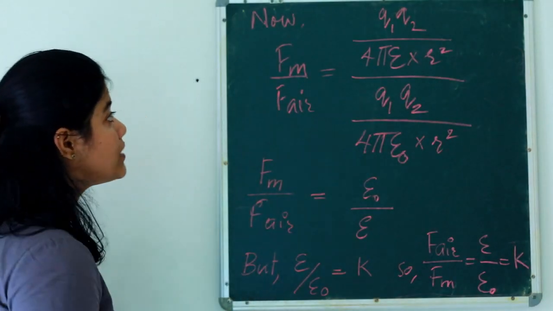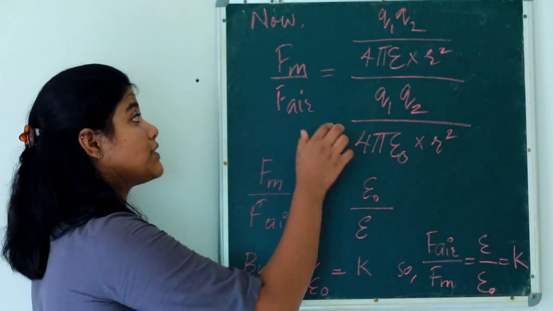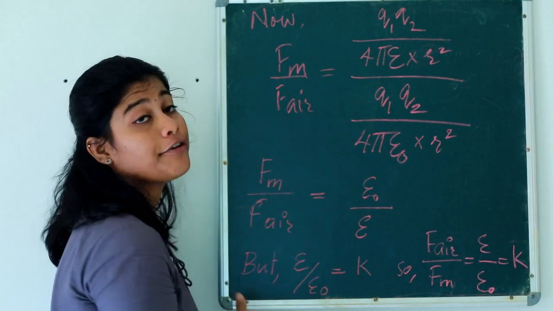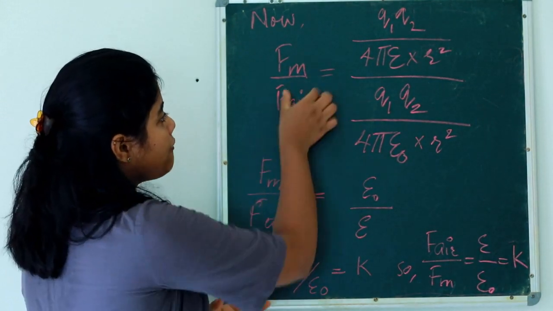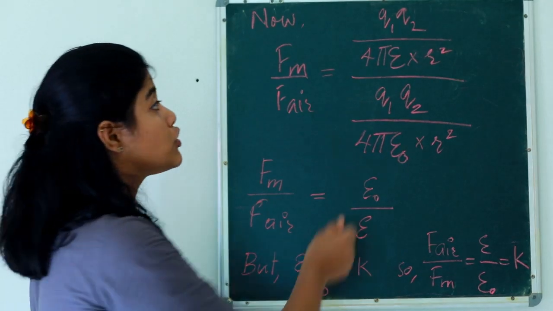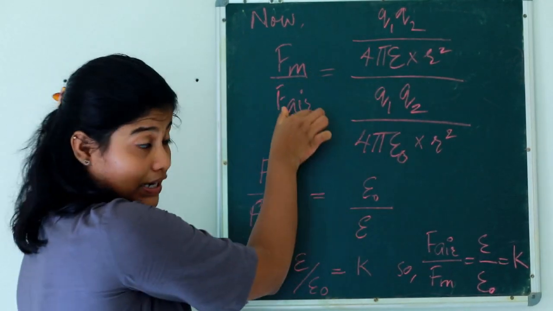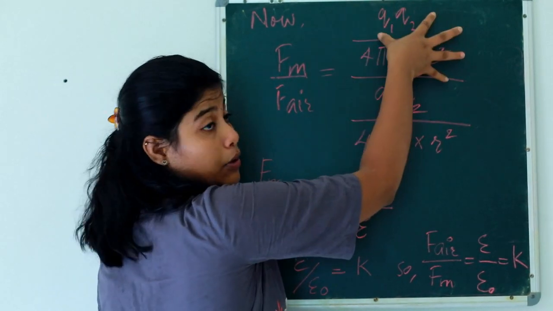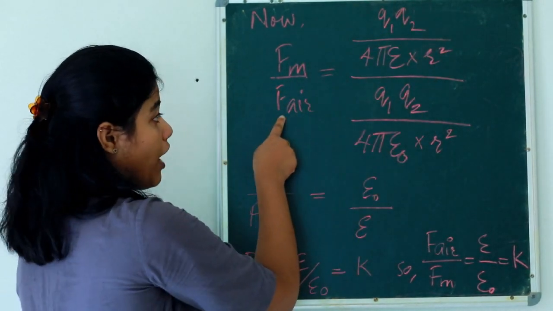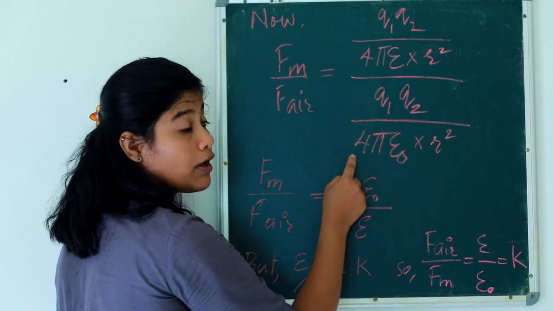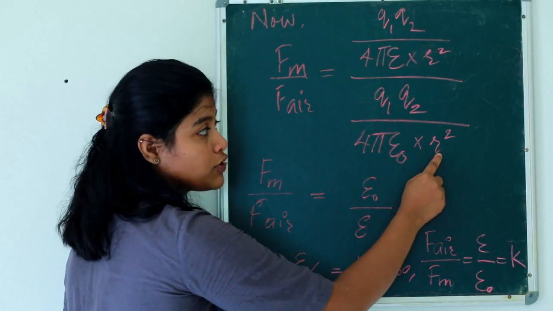Now we are going to take the ratio of the 2 forces, that is F medium and F air. So F medium by F air is equal to Q1 Q2 by 4 pi epsilon into R square, divided by Q1 Q2 by 4 pi epsilon 0 into R square.